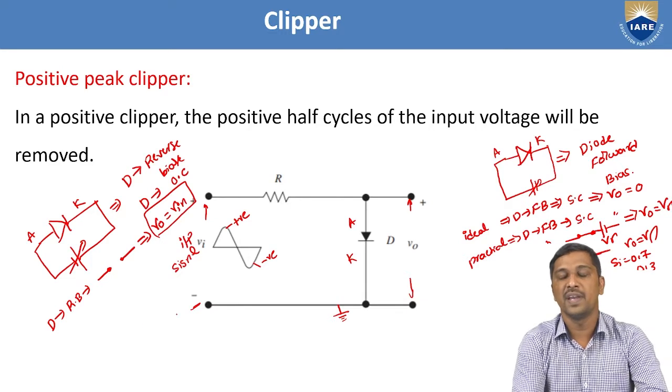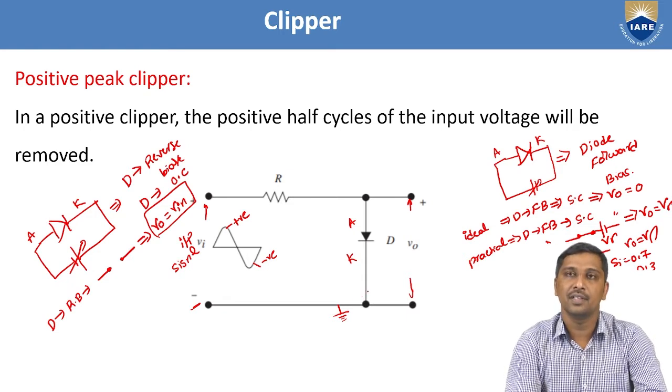Based on this diode operation, now we need to analyze the operation of the clipper circuit and identify the type of clipper, whether it is a positive peak clipper or a negative peak clipper.